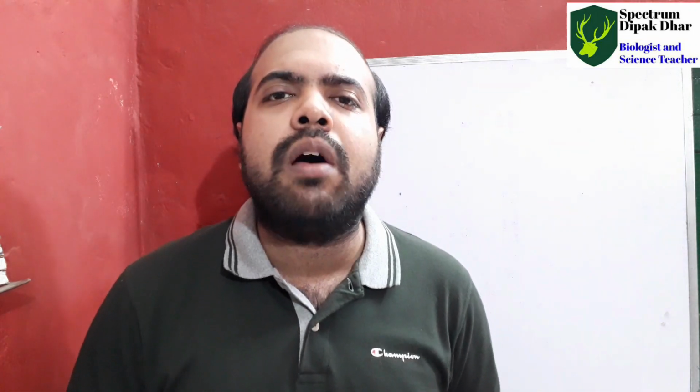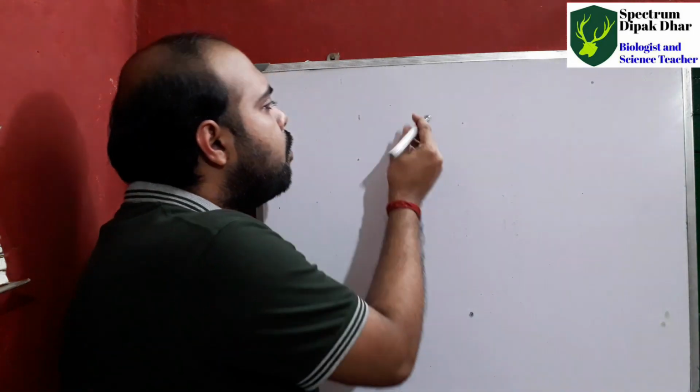So this typical phenomenon, by a single gene which controls more than one character, is known as pleiotropism, and that particular gene is known as the pleiotropic gene, and the effect that the pleiotropic gene exhibits is known as the pleiotropic effect. So what is pleiotropism?